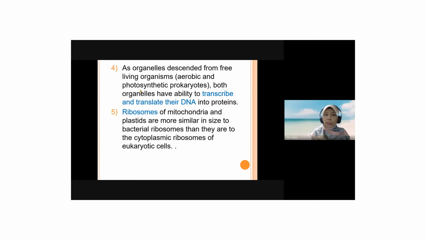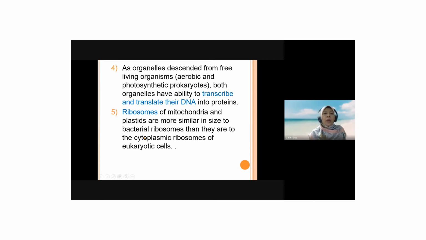From mRNA, meaning the RNA to protein, that process is known as the translation process. So how are proteins produced? Proteins are produced from mRNA. So the process of formation of the protein is known as translation. So it means both organelles have the ability to transcribe and translate their DNA. Or we can say in other words that they can perform the transcription and translation processes.